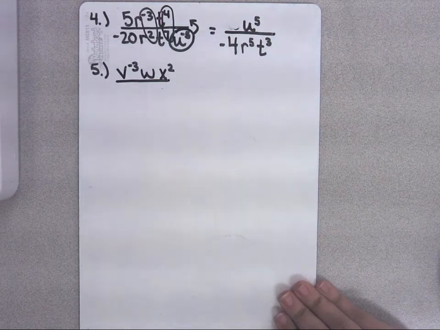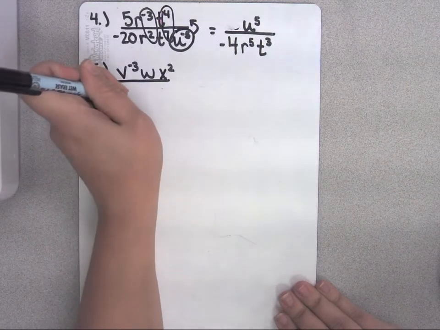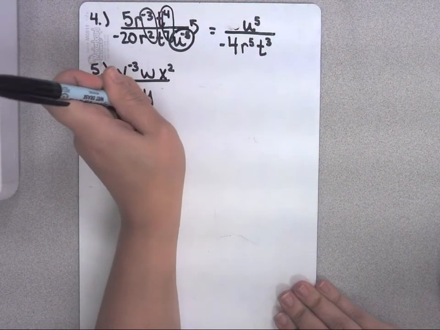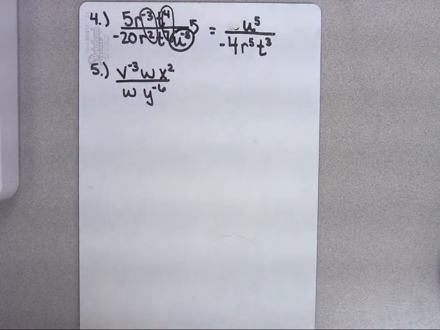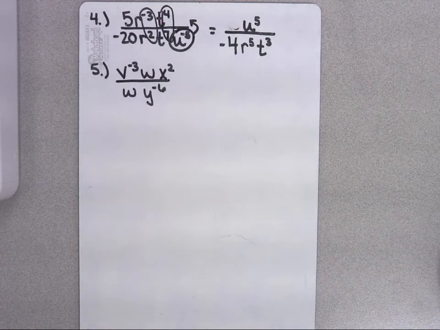That's on top. On the bottom, W, Y to the negative 6th. Will you simplify this problem for me? Remember, you should do simplify, combine like terms, move my negatives. That should be your order.